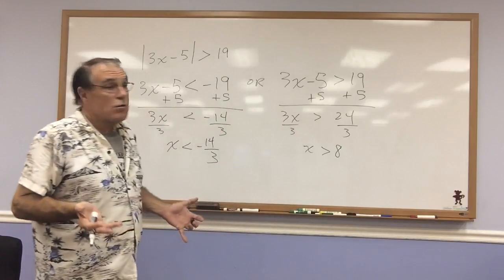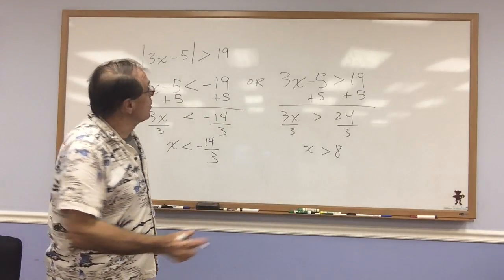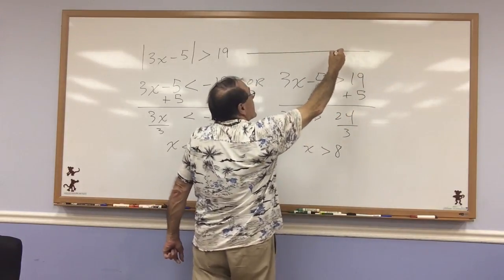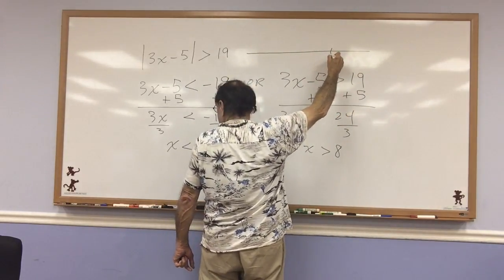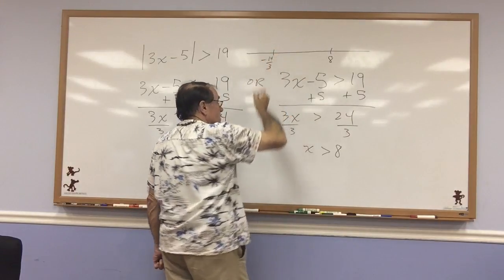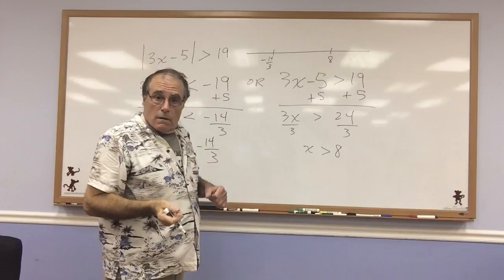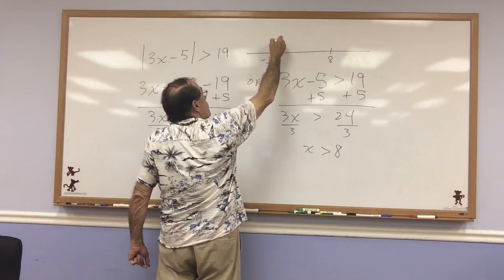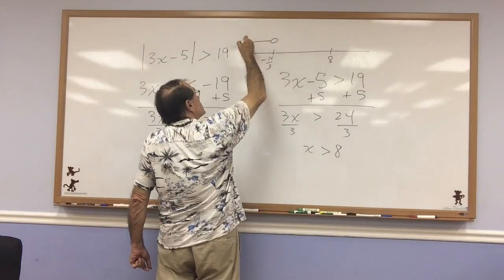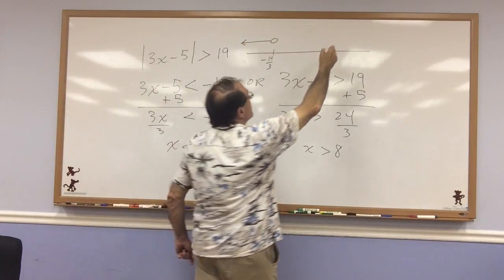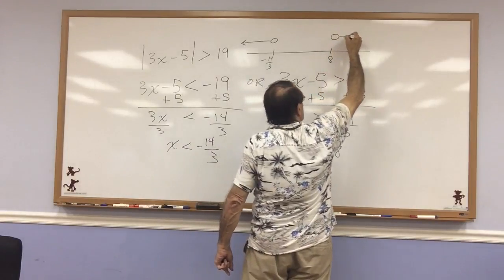Alrighty, graphing time. So a number line, and I've got 8, and I've got negative 14 thirds. Less than negative 14 thirds: open circle to the left. Greater than positive 8: open circle to the right.